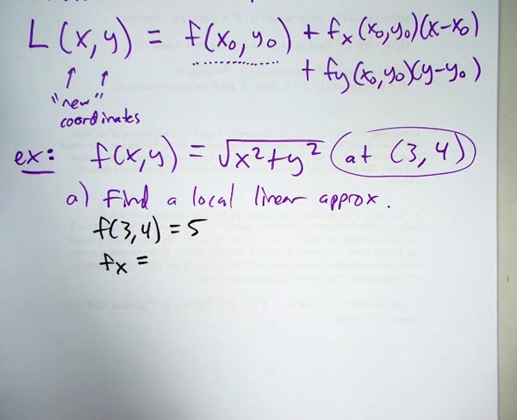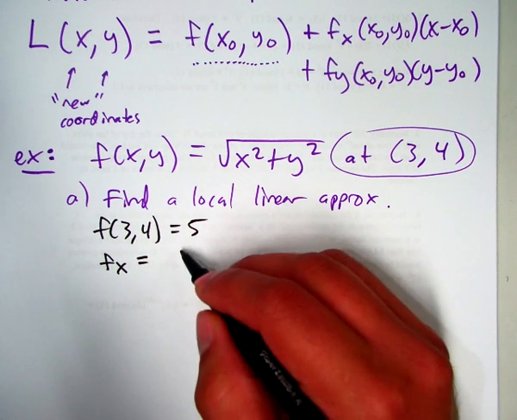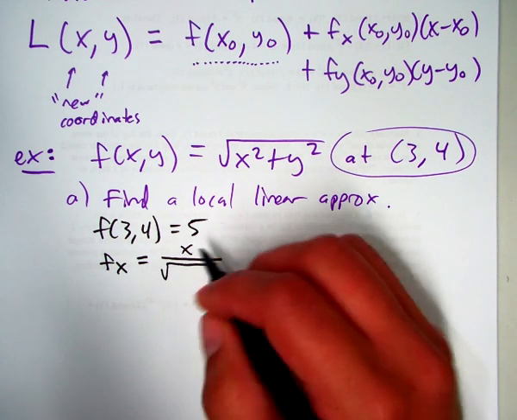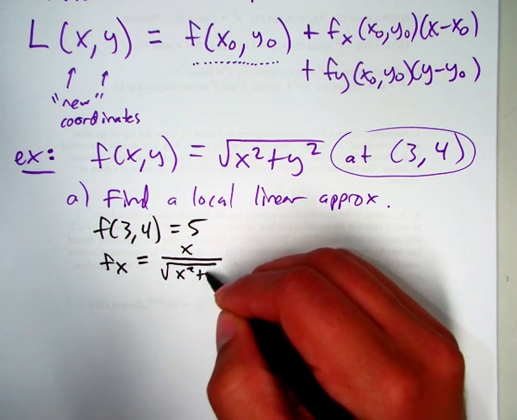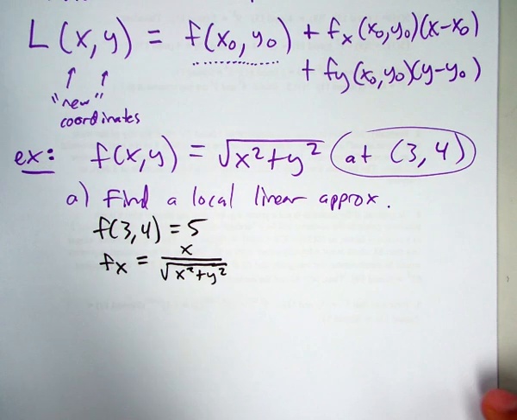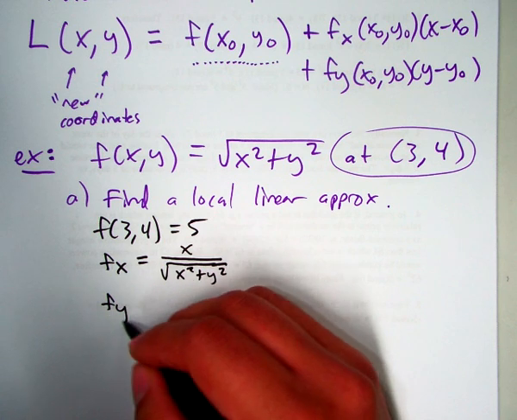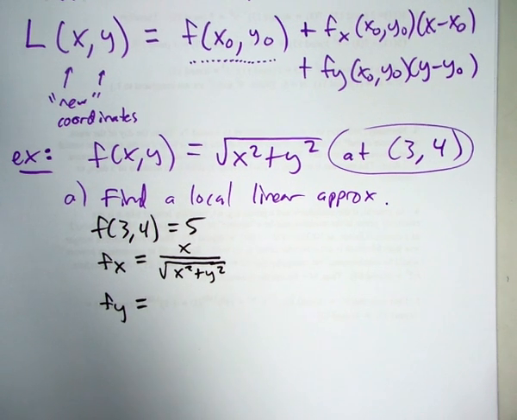Partial x will be x over the square root of x squared plus y squared. Partial y will be y over the same thing.